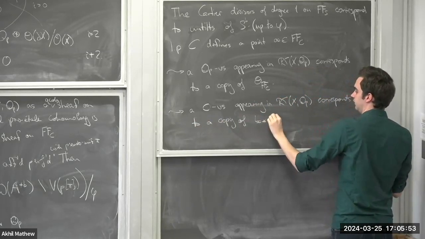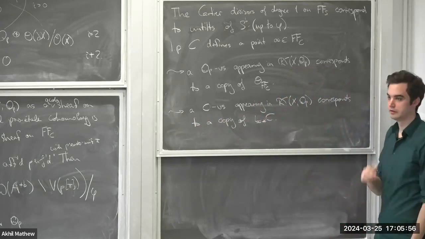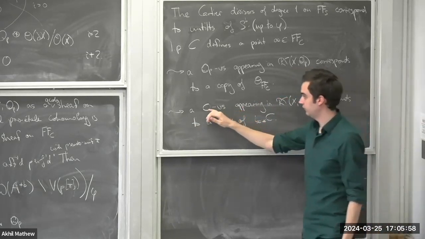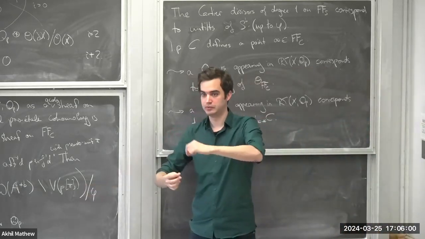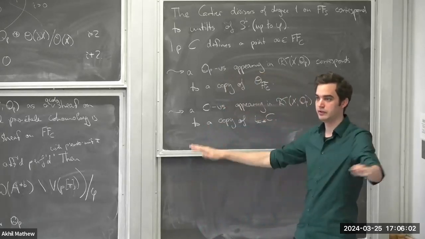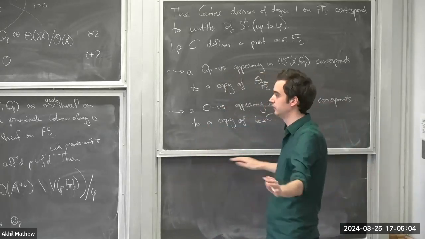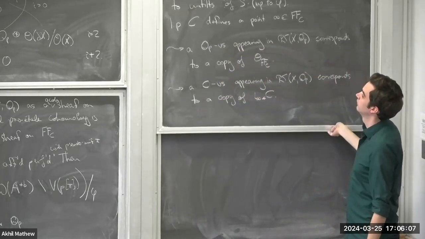So some of these C's that we see here are skyscrapers at one point, and the QPs we see there are like global nice sheaves.